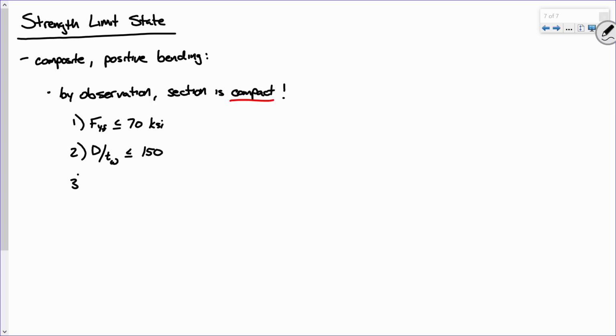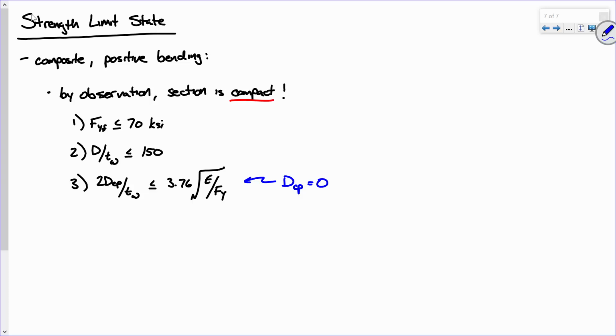And three, 2dCP over TW was less than or equal to 3.76 square root of E over Fy. And we did that by recognizing that dCP is 0.